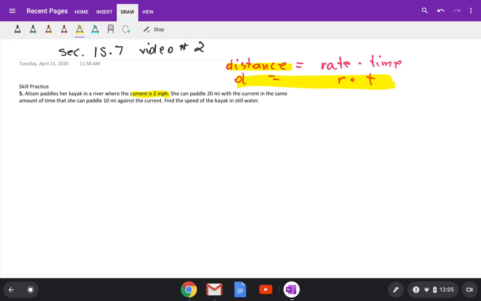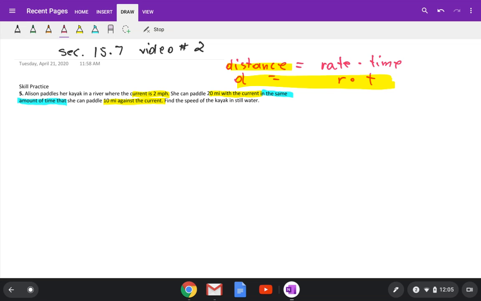She can paddle 20 miles with the current. In the same amount of time, she can paddle 10 miles against the current. Find the speed of the kayak in still water.